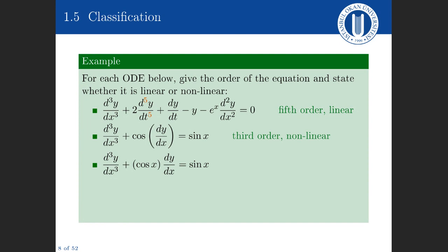The answer is this is a third order equation. We have 3 derivatives and 1 derivative. The biggest of these numbers is 3, so this is a third order equation. In the next poll, I'm going to ask you, is this equation linear or non-linear?